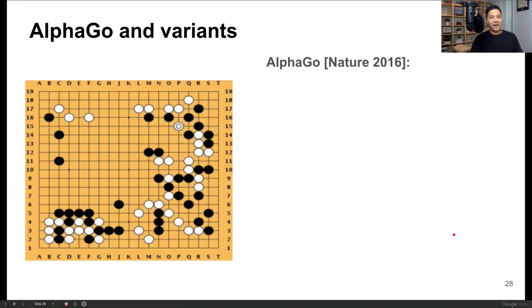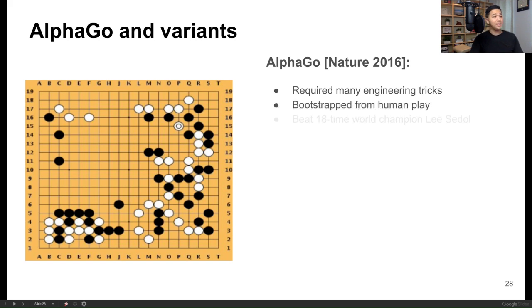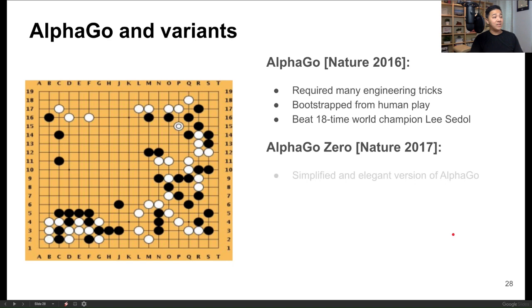AlphaGo has various variants here. AlphaGo original in 2016 required many engineering tricks, human gameplay added to the training data, and it beat the 18-time world champion Lee Sedol. AlphaGo Zero in 2017 simplified and also became a more elegant version of AlphaGo.